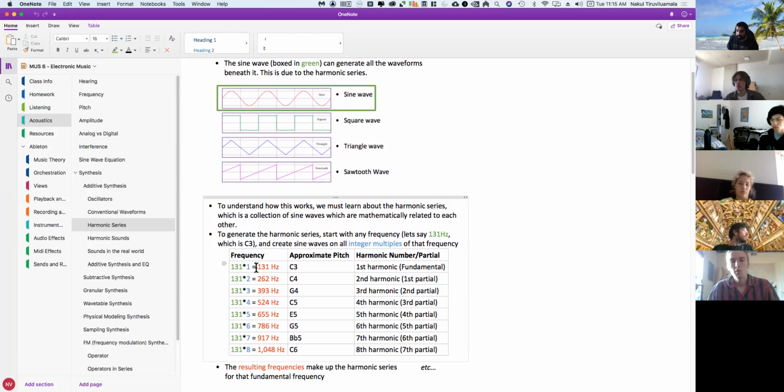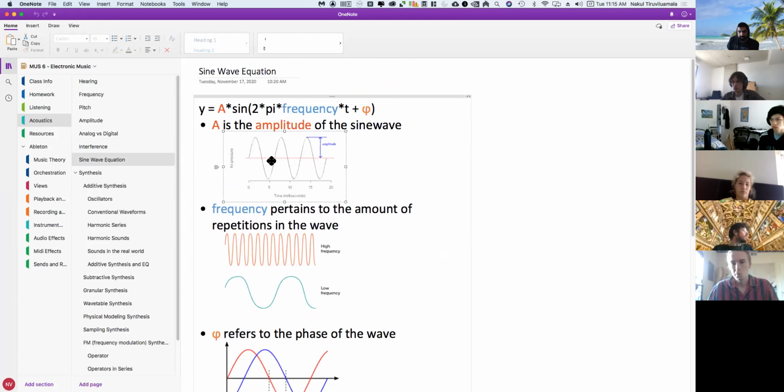So if this is sine of x, this is sine of 2x, right? So if we're looking at the sine wave equation, if you remember good old sine of fx, F is the frequency, right?